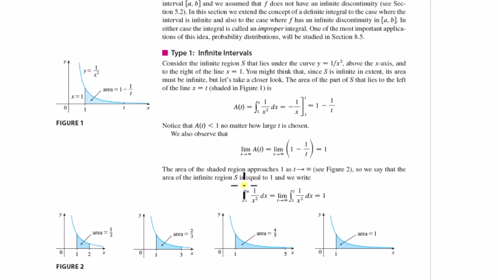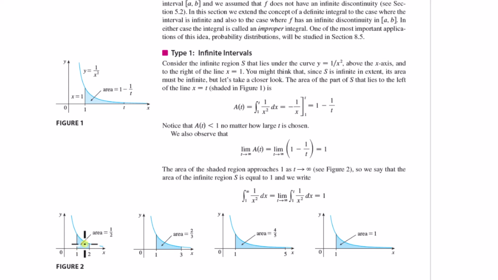You view that as replacing the infinity with a variable t, and then you take the limit as t goes to infinity of this integral. All you end up doing to solve these kinds of problems is solve this definite integral and you get a function of, in this case, t, and then you take the limit of that function.